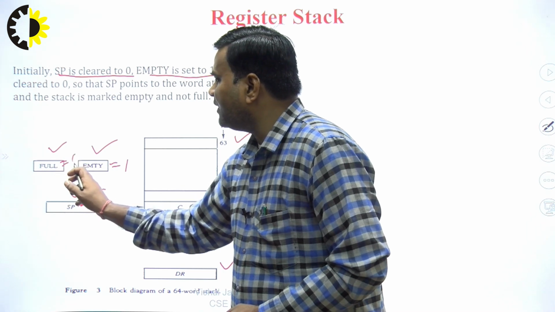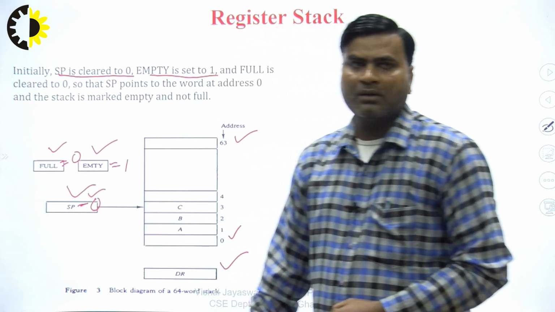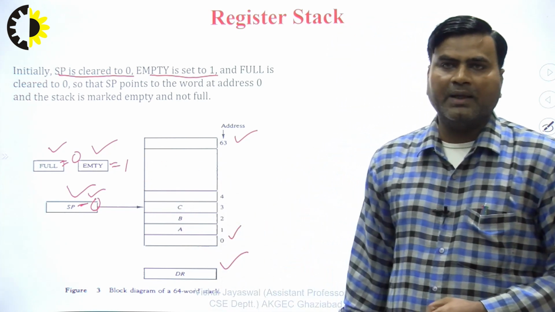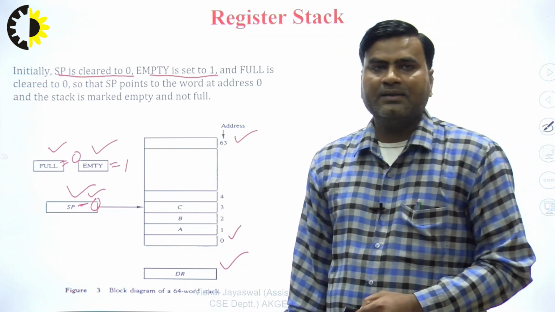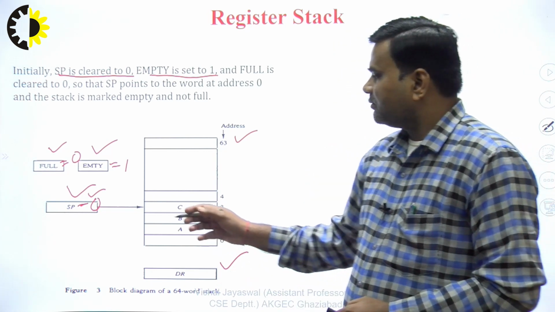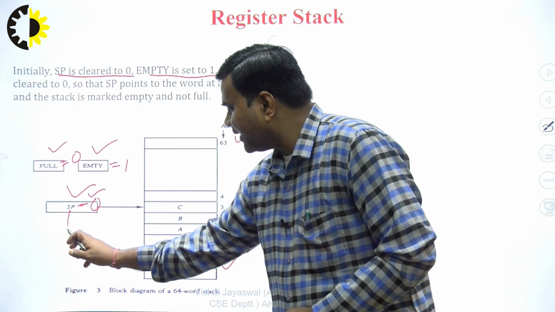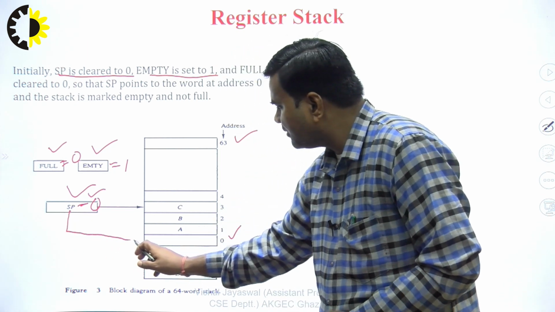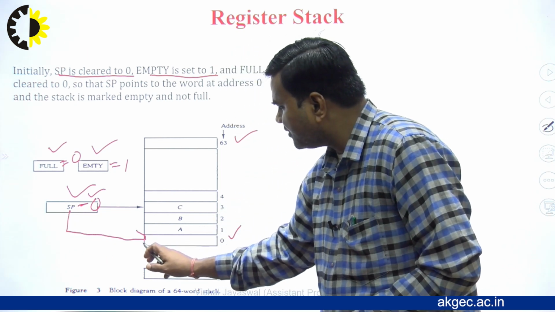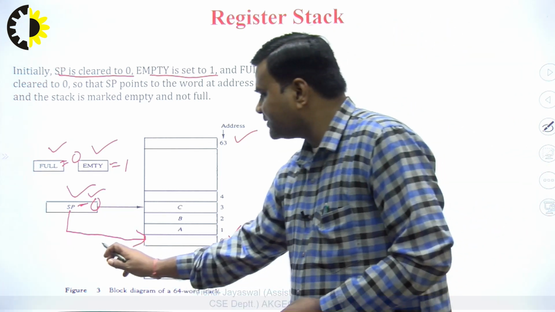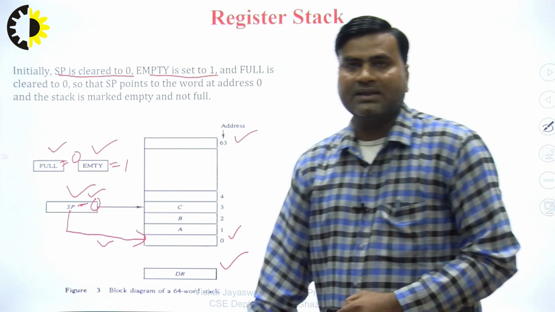So the full flag is 0, the empty flag is 1, and the stack pointer value is cleared to 0, which means initially the stack pointer points at the 0 location of the stack. This is the initial condition of the register stack.